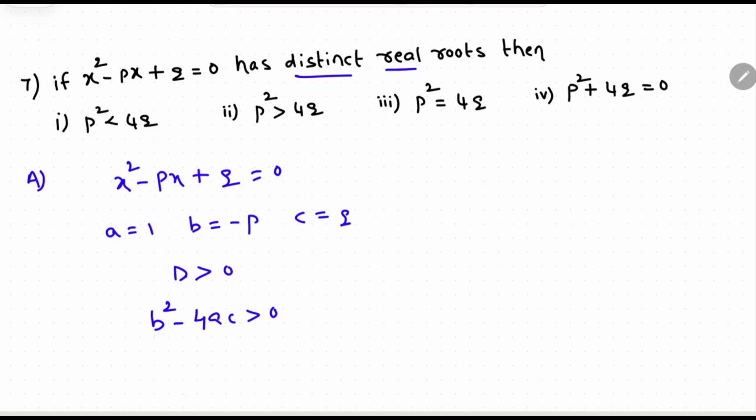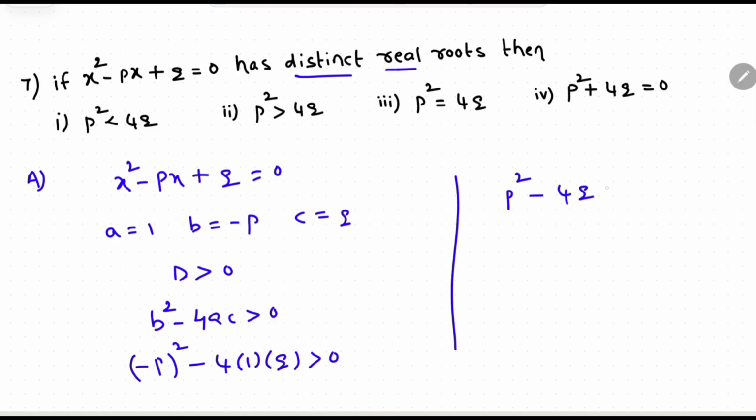So b value minus p whole power 2 minus 4 into a into c, so a into c, greater than 0. Therefore p power 2 minus 4q greater than 0, and transposing, p square greater than 4q. So we have p power 2 greater than 4q. So it is the answer.